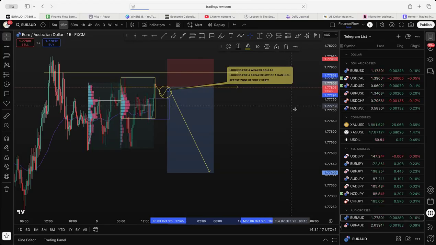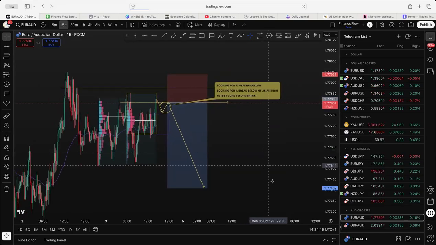Yeah, so that's what we are looking for here on Euro AUD. So I'm going to put that in the group as well. And those can be our three positions. I'm going to ignore NZD JPY for now, but that is going to be our three positions here.